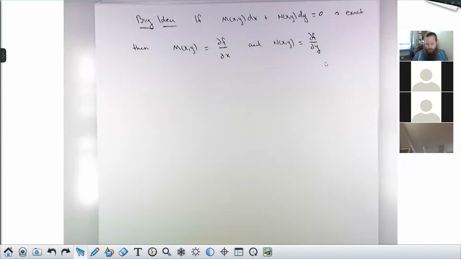The catch is when you do that, rather than having an additive constant, what you actually have is a function of the other variable in place of your additive constant. That's the only way to say this.